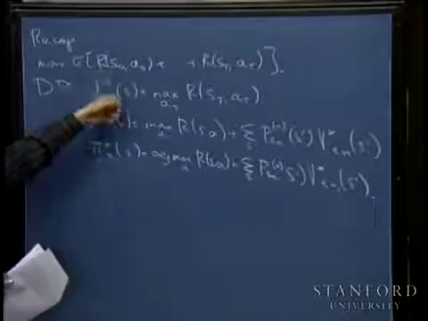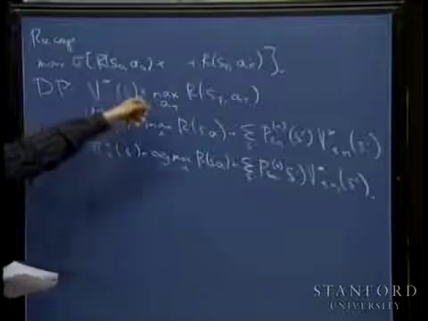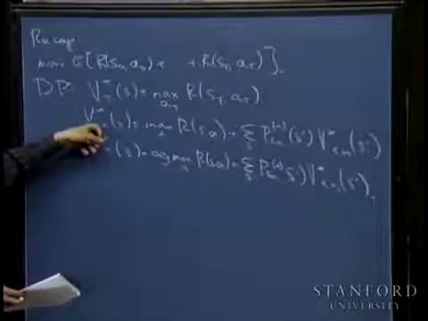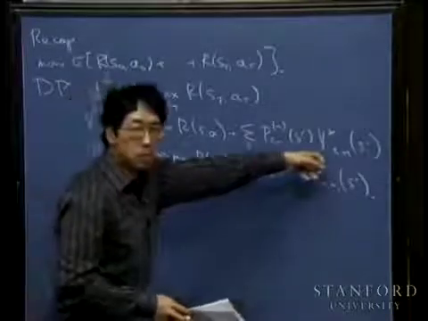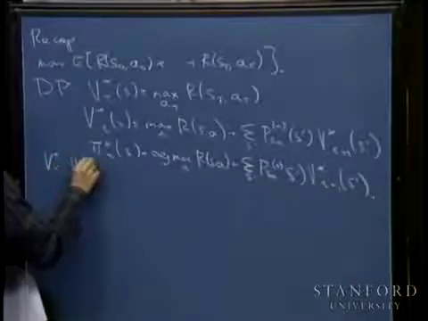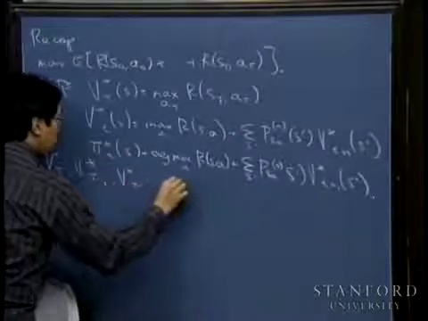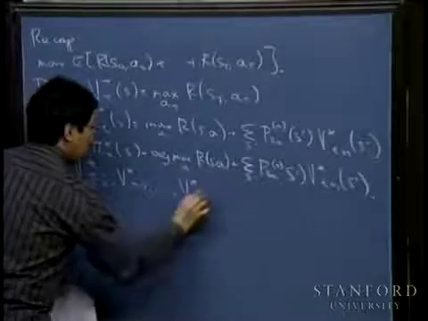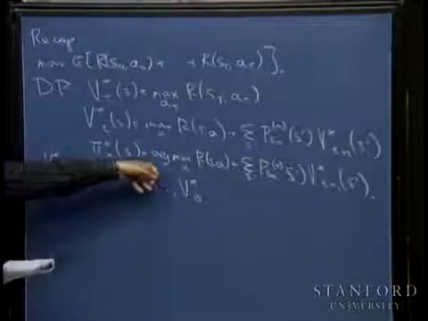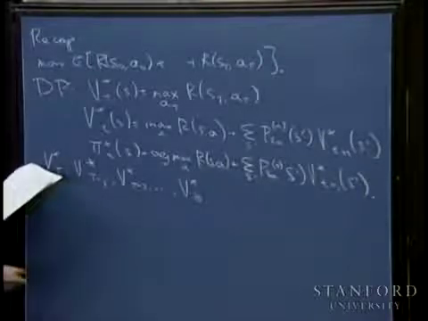In other words, what's the value if you start in the state S and you just get to take one action and then the clock runs out. Then the dynamic programming algorithm repeatedly computes v star lowercase t in terms of v star t plus 1. So we compute v star capital T and then recurse backwards, and so on until we get down to v star 0, and then pi star was given by, as usual, the argmax of the thing we had in the definition of the value function.